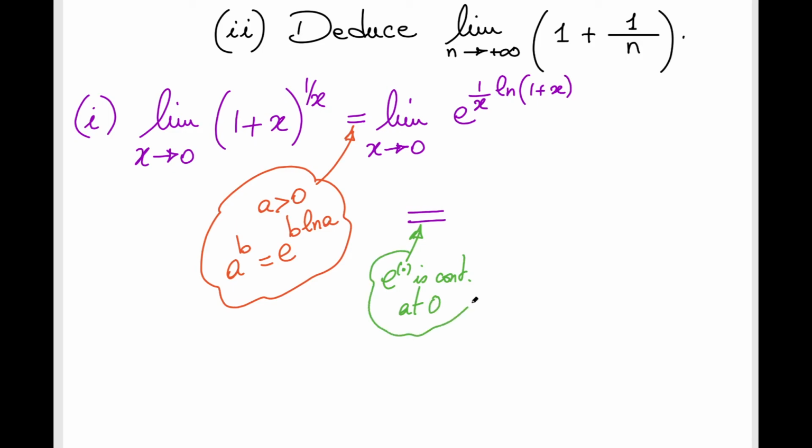So I can say that the limit, right? Not only this, but this is the primary ingredient. I'm also using the fact that composition of continuous functions is continuous. So we can bring that limit inside to get this.